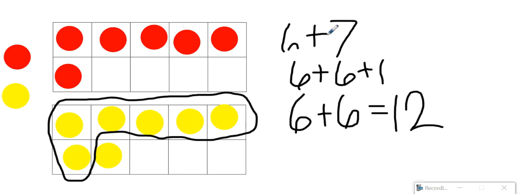That's right, because 7. Because if I took 6 from it, if I decomposed it to make my double, I'm left with 1 more. So if I know 6 plus 6 is 12 plus 1 more, then I know 6 plus 7 is 13. Very good. So I can use my doubles to solve addition problems.